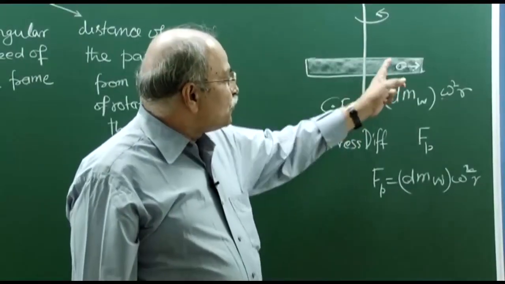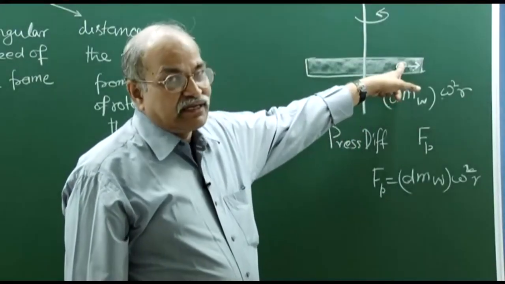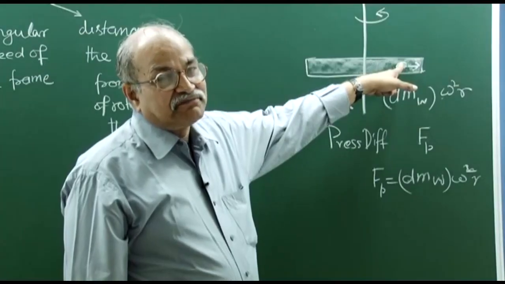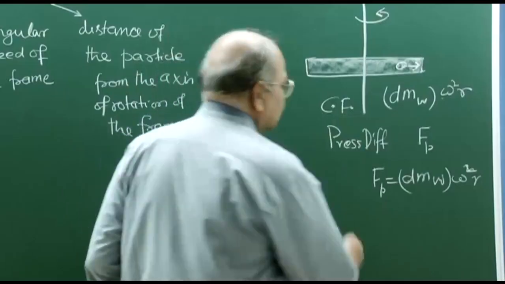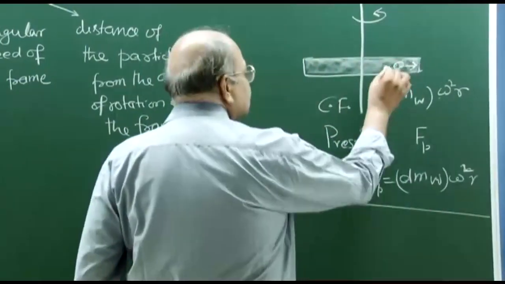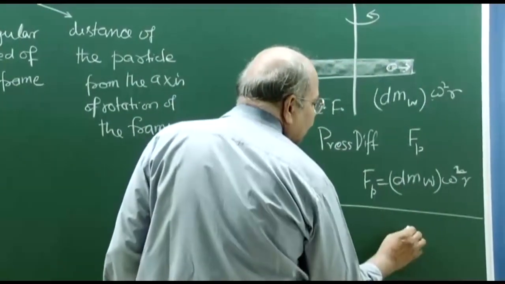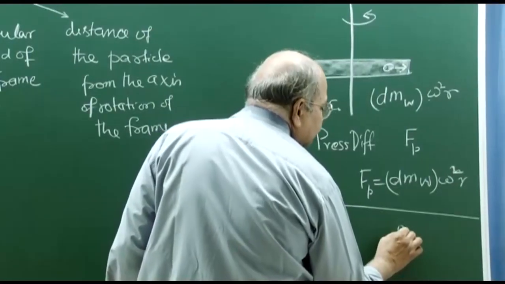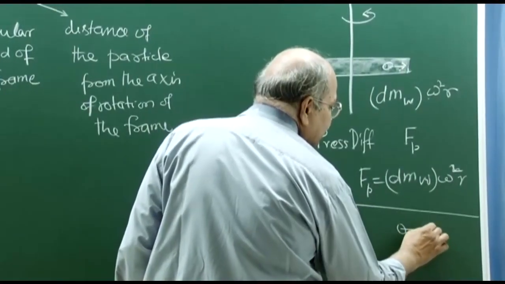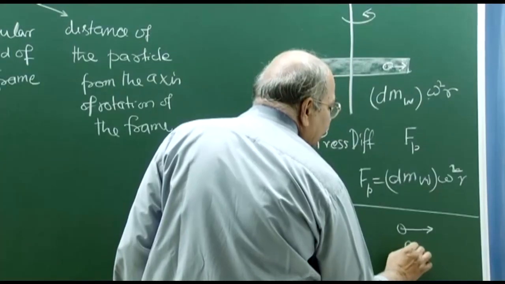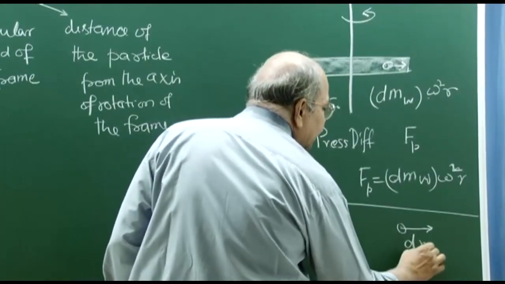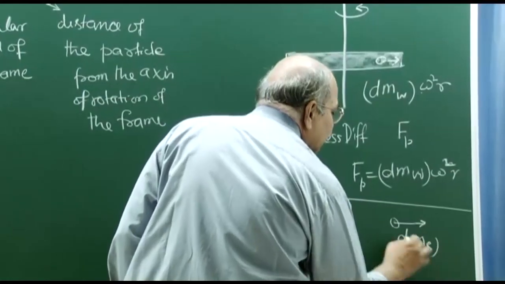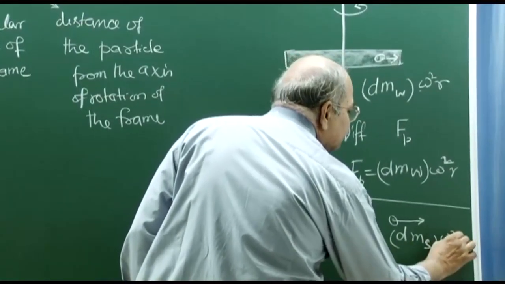Now, if you have a stone here of the same shape, let us say, what happens? If you have a stone here, then the centrifugal force is in this direction, and that centrifugal force will be dm_stone times omega square r.